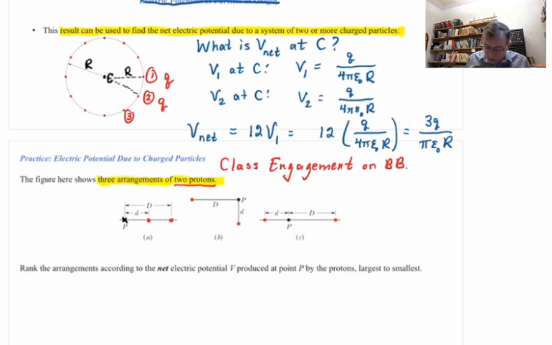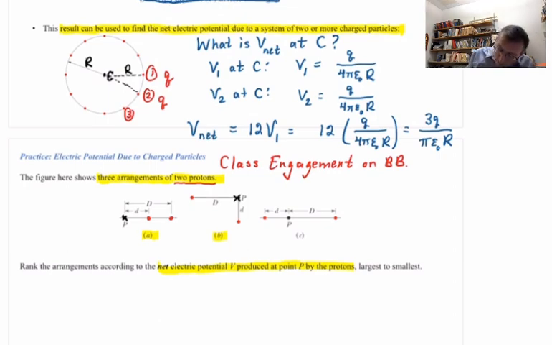Okay? And what we're interested in this little exercise is the net electric potential V produced at point P by the set of 2 protons. But what we've got is 3 geometries. In geometry A, the 2 protons are along the same line. You can see the various distances there. In geometry B, the point P is here, and 1 proton is over here, and 1 proton is down there.